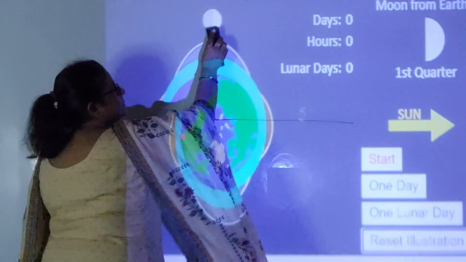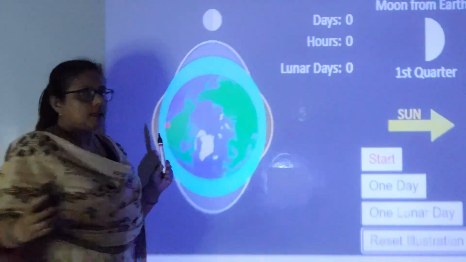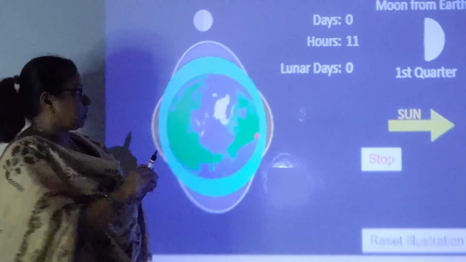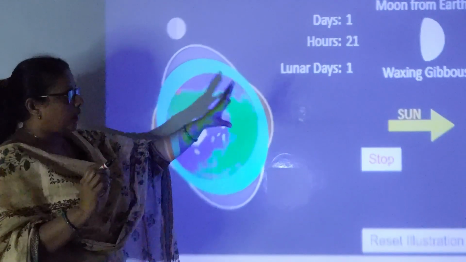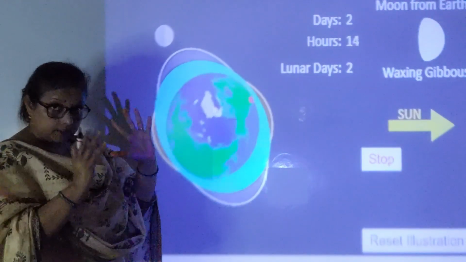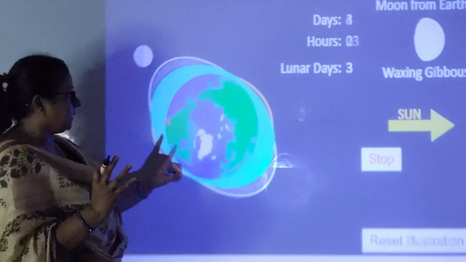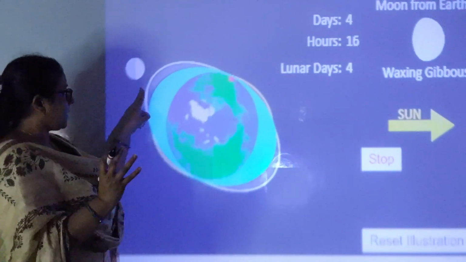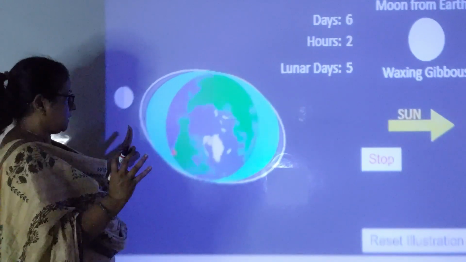Now, as the moon begins to move to its next position, it is waxing, that is, it is becoming bigger. And as it becomes bigger, you can see the tides also moving along with it.